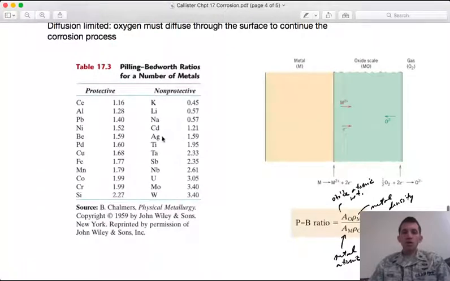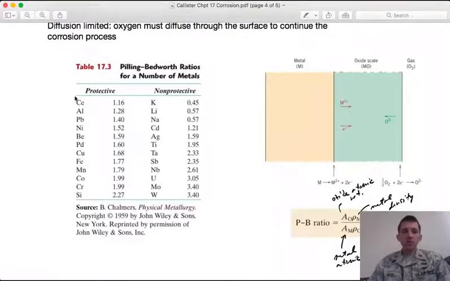What we are measuring with this parameter is the degree of matching between the lattice constant in the crystal structure of the metal and the lattice constant in the crystal structure of the oxide. So if the Pilling-Bedworth ratio is closer to 1, that is a better match between the metal and the oxide. And if there's not as much of a mismatch between the atomic spacing of the metal and the oxide, you're more likely to have an interface that is tightly bonded.